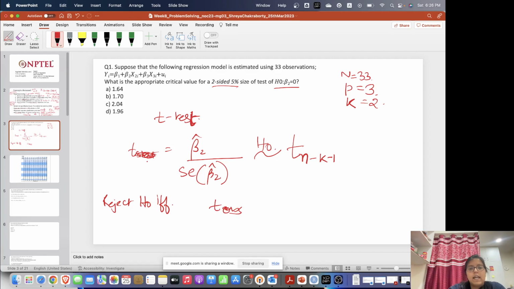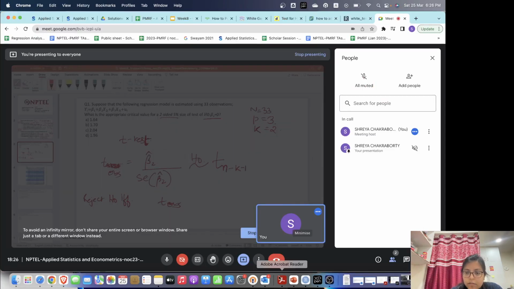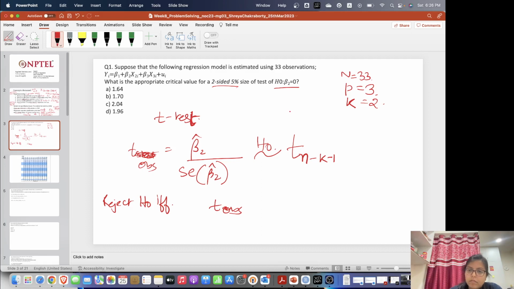I think I'll follow a critical value approach here. It is easier. So we'll reject H0. Here H1 is beta 2 not equal to 0.